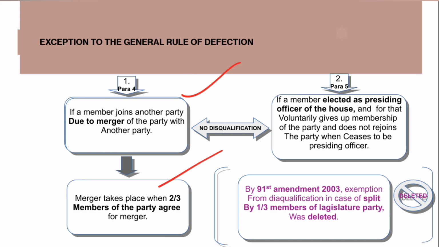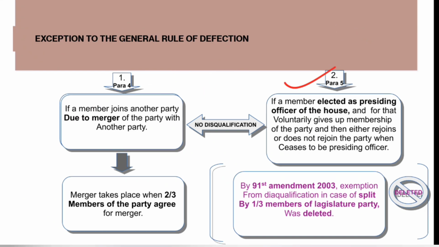The second exception is provided under para 2 of the 10th Schedule, and it provides that if a member is elected as a presiding officer of the house, that means the Speaker or Chairman of Parliament or state legislature, in that scenario he gives up the membership of the party.